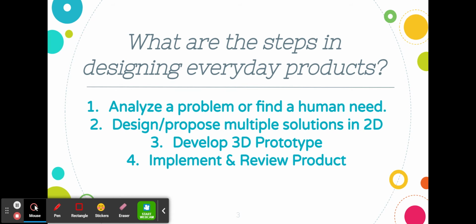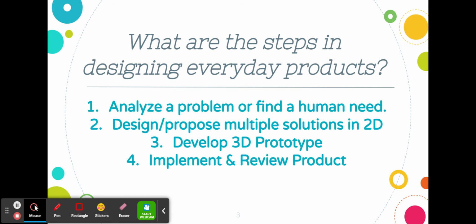1, analyze a problem and find the human need. 2, design and propose multiple solutions in 2 dimensions. So you're going to sketch out proposed ideas on a flat piece of paper with a pencil. And then you're going to take those multiple solutions and come up with the best solution from those designs and develop a 3-dimensional prototype.